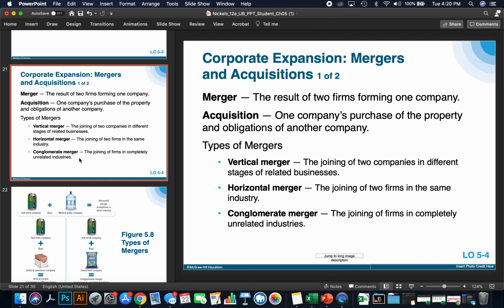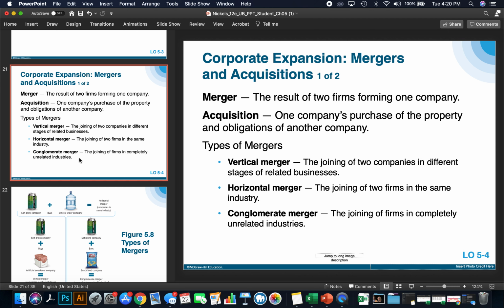Let's talk about corporate expansion with mergers and acquisitions. A merger is the result of two firms forming one company. An acquisition is one company purchasing the property and obligations of another company.